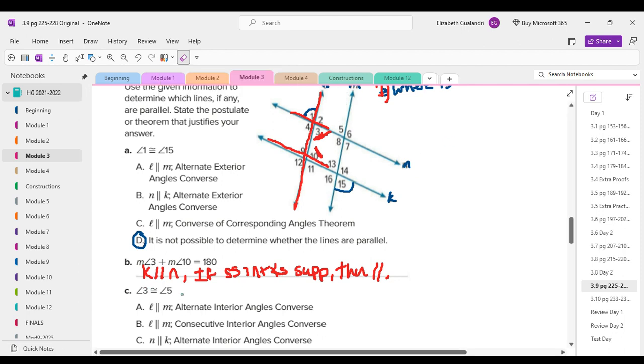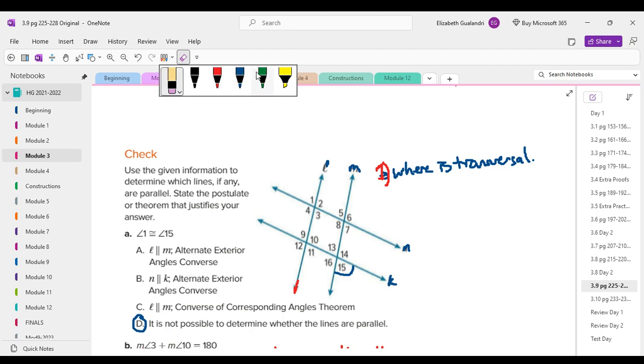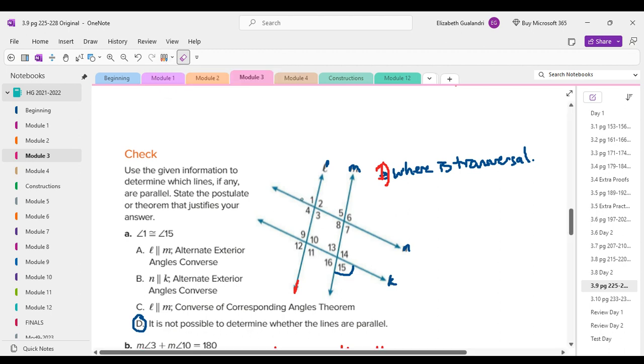So then they talk about angle 3 congruent to angle 5. If I knew that angle 3 was congruent to angle 5 in those two places, what do I know? Well, again, first thing I'm going to do, like I wrote up here, is identify the transversal. So line N is the one that touches both 3 and 5 in this one. Probably need at this point just to erase some of this.